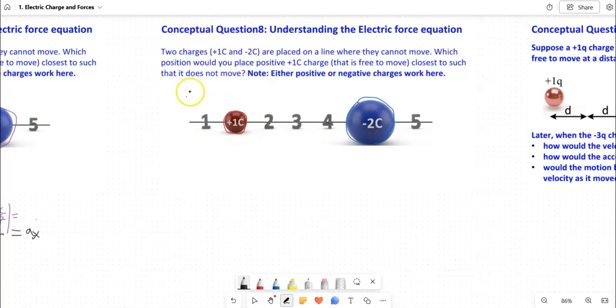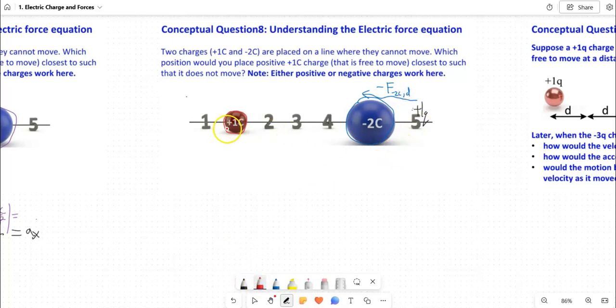All right, so let's start over here. I'm going to change it up a little bit. I'm going to put the positive 1 Coulomb charge right here. If we do that, we're really close to this -2 Coulomb charge. So it's going to pull it to the left, 2 Coulomb, and it's a distance d away.